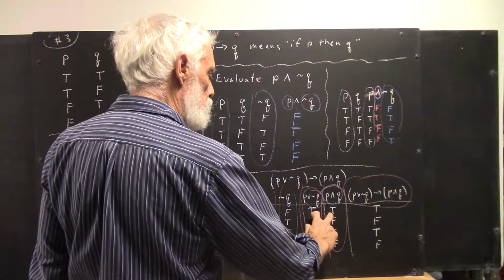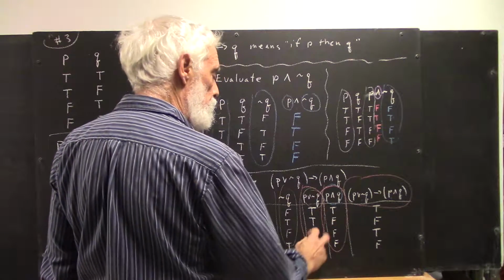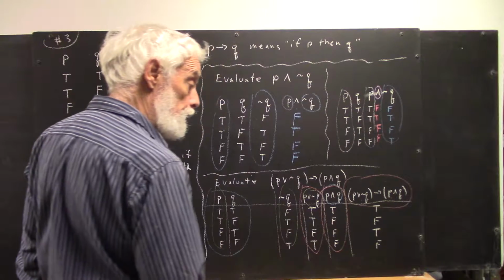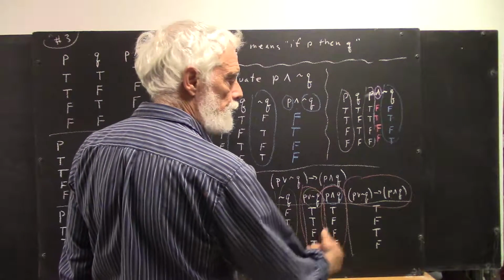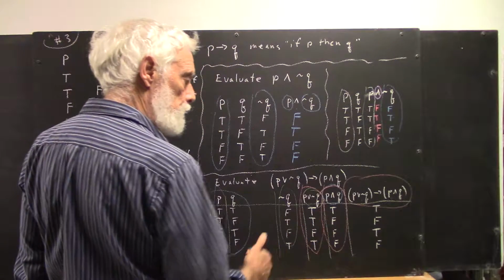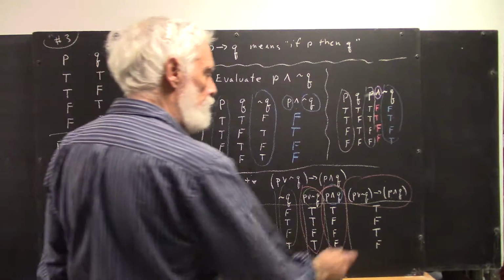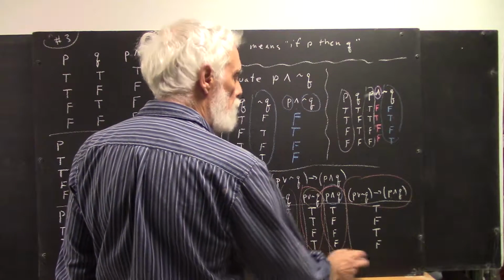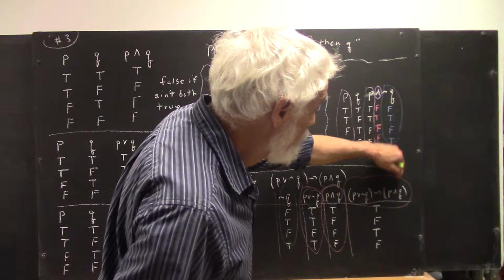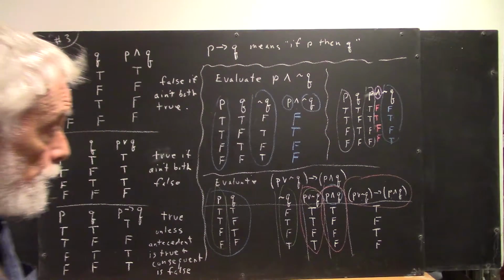Well, okay, first row we have true, true, that's good. Second row we've got a true, false. Okay, so we're going to get a false here. Third row we got false, false. Well, yeah, that's okay. We can conclude a false from a false. We can conclude anything from a false. That's true. True, false here, false again. And right there are our values of this expression.